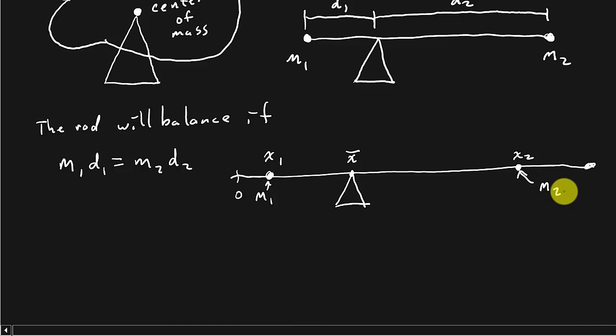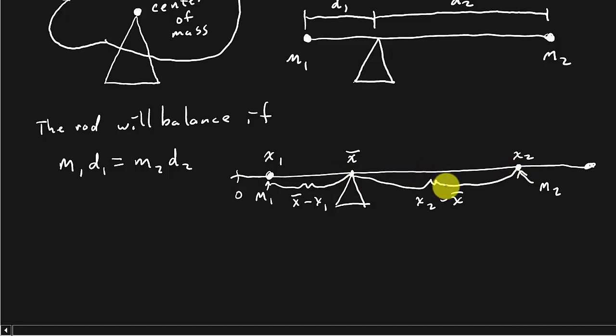Then we know that this distance here would be x bar minus x1, and this distance here would be x2 minus x bar, right?